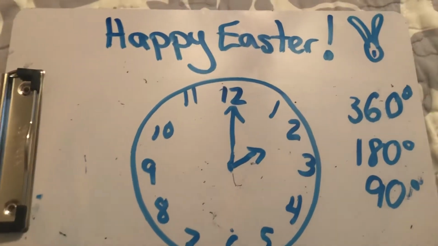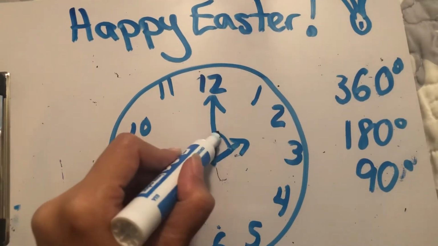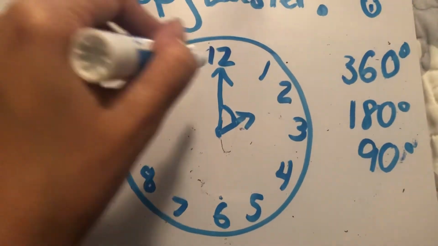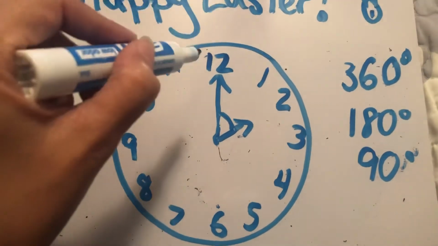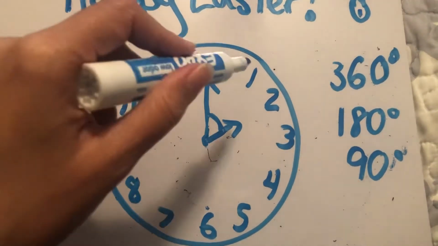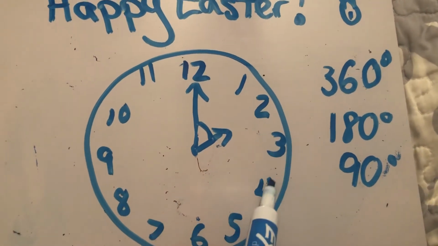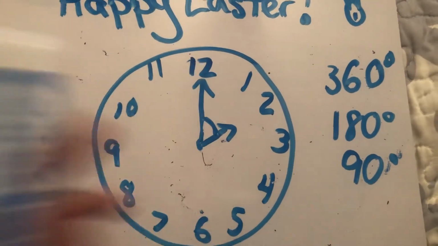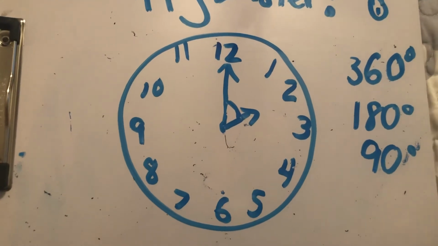Now, we don't know how many degrees this is, but we can figure it out because we know the total all the way around is 360. What we can do is take 360 and divide it by 12 because there are 1, 2, 3, 4, 5, 6, 7, 8, 9, 10, 11, 12 hours around the clock, or 12 sections of the circle.